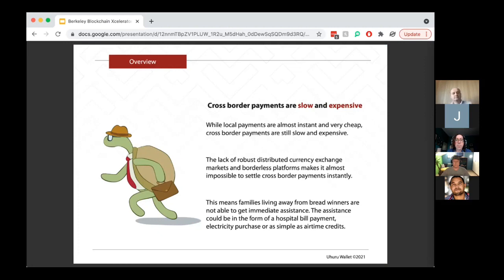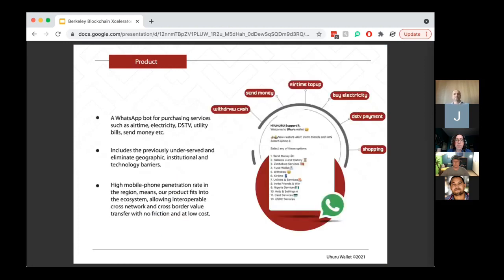We specifically chose to use WhatsApp because it's accessible to the majority of the underbanked and unbanked foreigners.